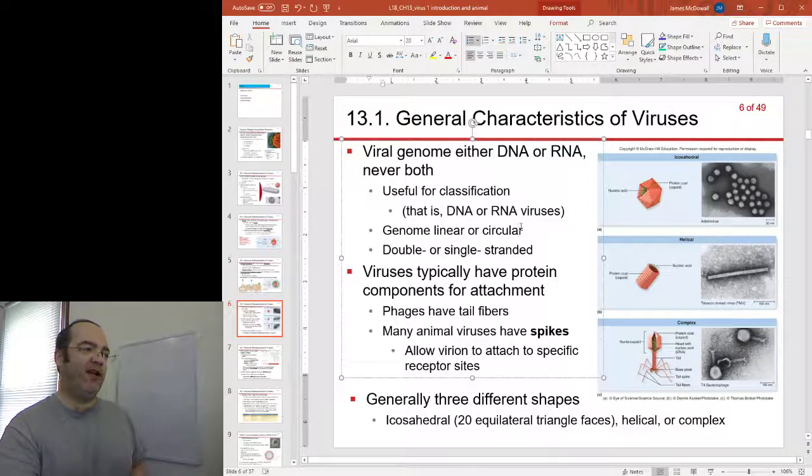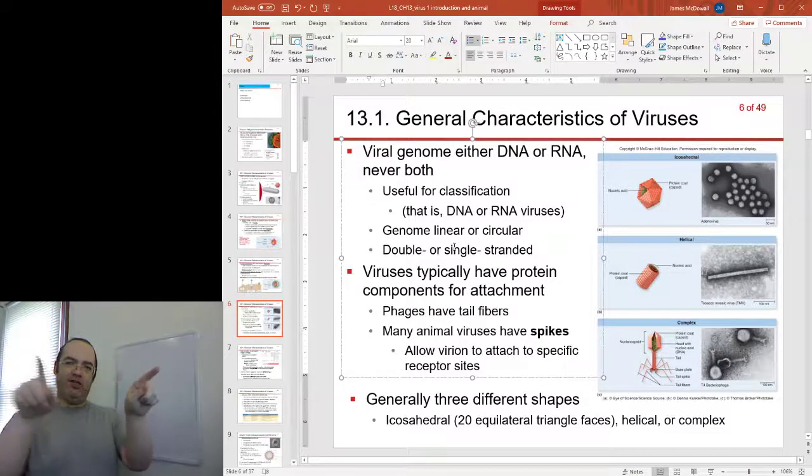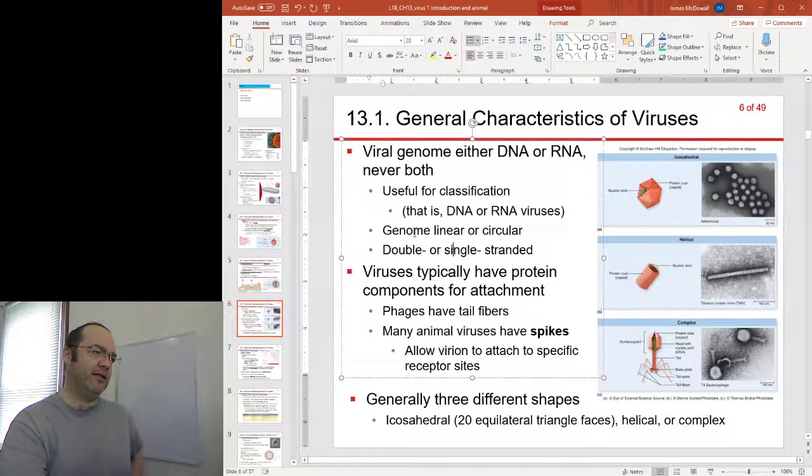We also have variation in the structure of the genome. Some viruses have linear genomes. Some viruses have multiple strands of linear genomes. Some viruses have circular genomes. So just know that there's a lot of variety in what a virus can be.